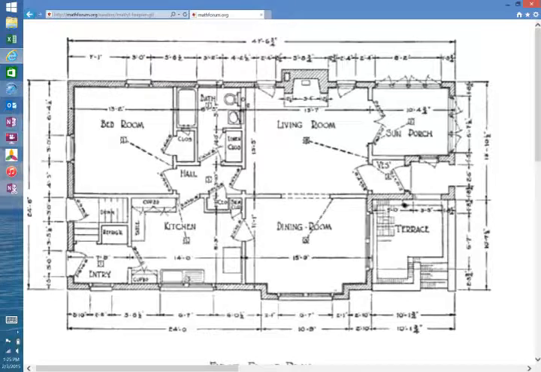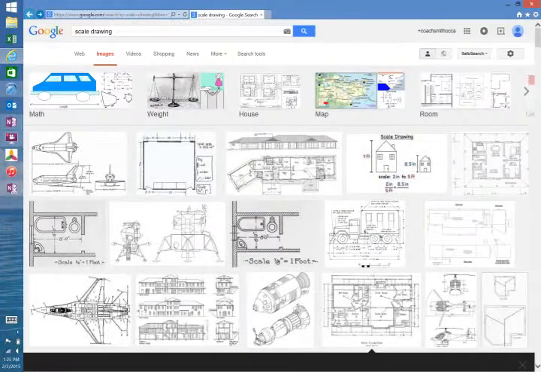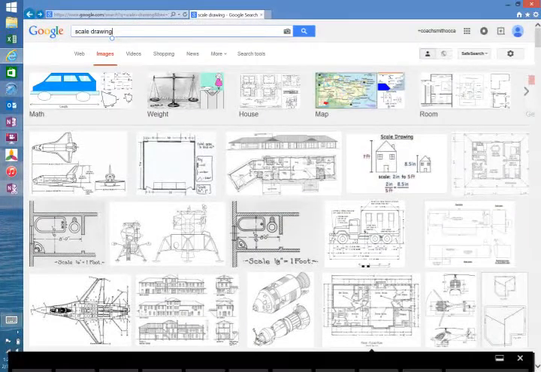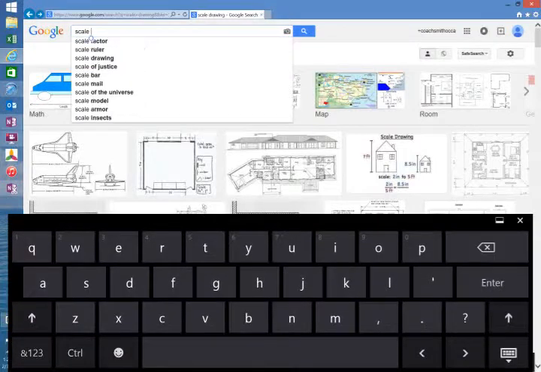Now, if we're looking for, if we go up here and we look for, instead of scale drawings, we go models.